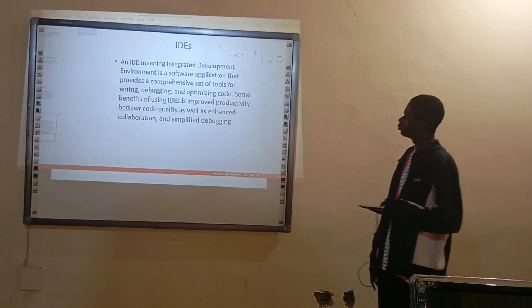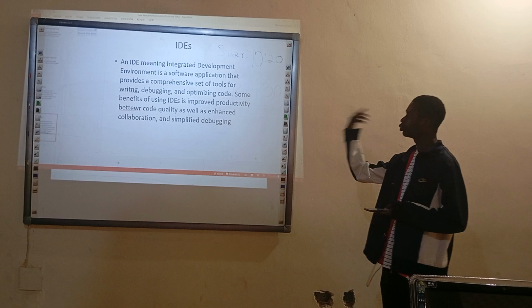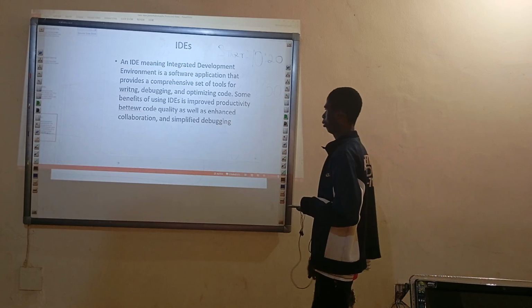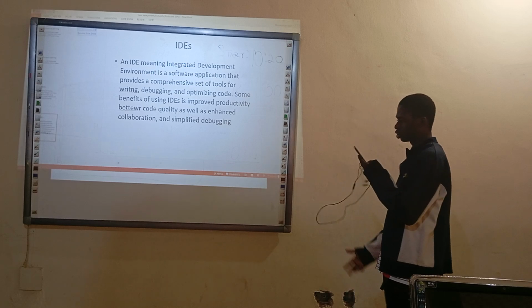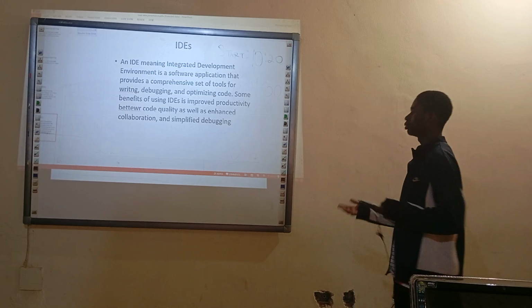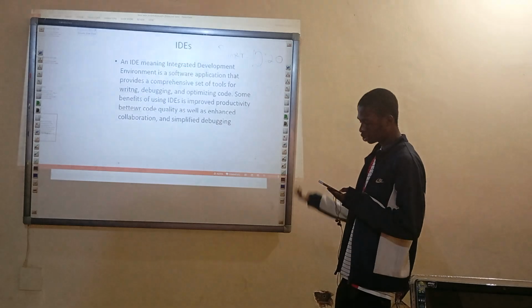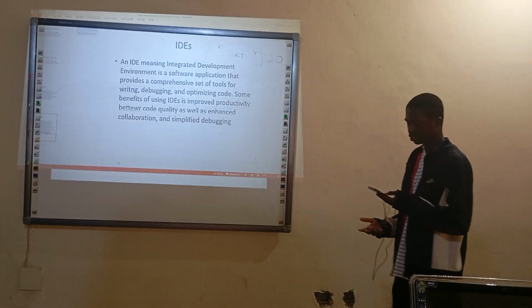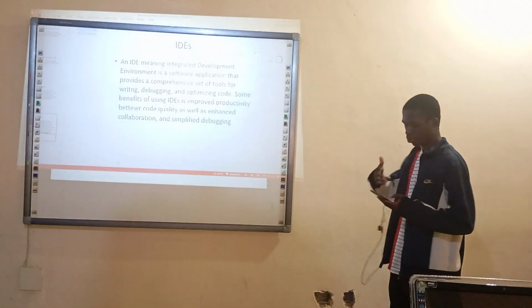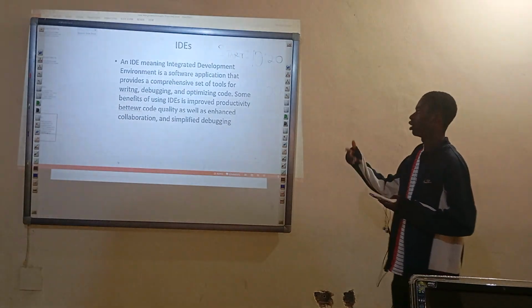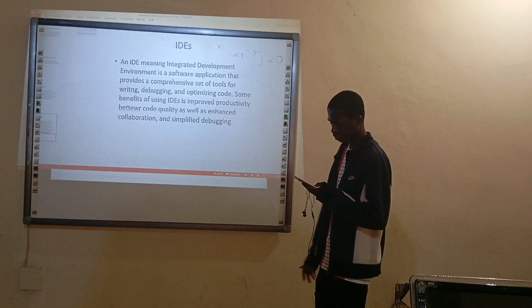Some benefits of using IDEs are improved productivity, better code quality, as well as enhanced collaboration and simplified coding. So using an IDE actually makes performance more accurate and enhances it.